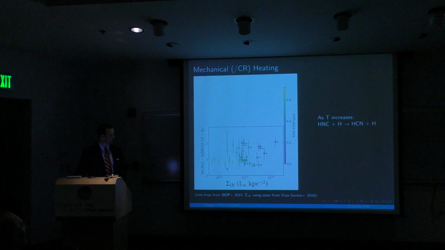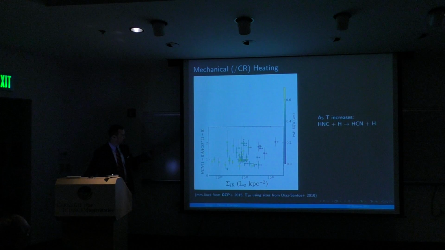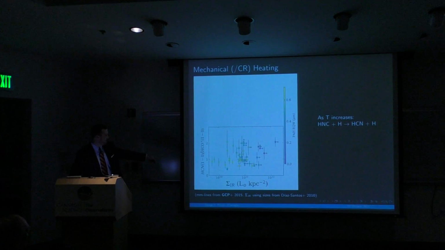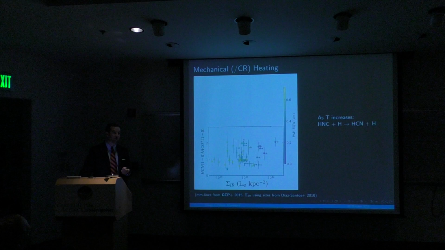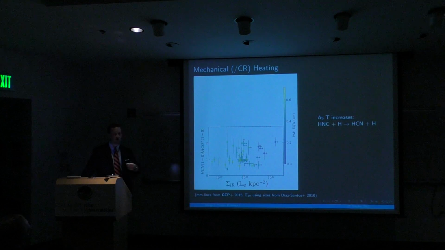Another aspect is mechanical heating, or some sort of cloud-wide heating. And just to remind you, this is a chemical reaction that converts HNC molecules into hydrogen cyanide. So I'm showing now the HCN to HNC ratio against the infrared luminosity surface density. The infrared luminosity surface density is effectively a star formation rate surface density, so it's effectively also a supernova rate surface density.